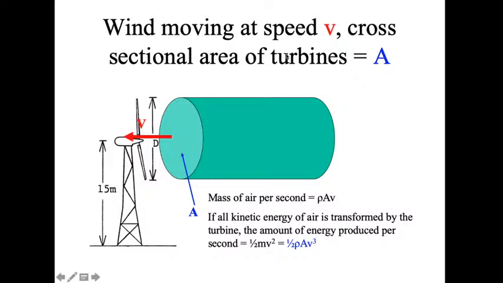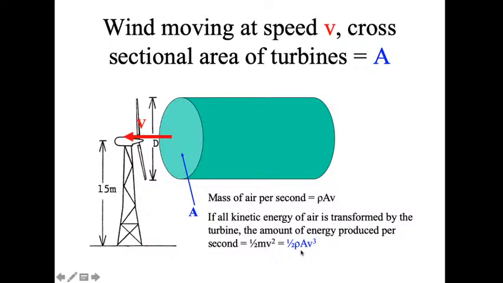So if we remember looking at our wind generated energy power, we could find the power, or the energy produced per second, right? And whenever we're looking at energy per second, we know we're working with power in watts. So we discovered you could find that by taking the cross-sectional area of the propeller or the turbine and multiplying it by rho, which is always density in physics.